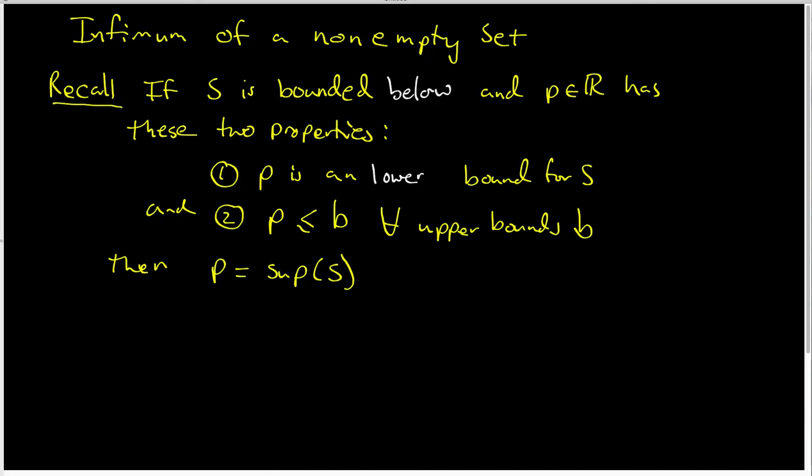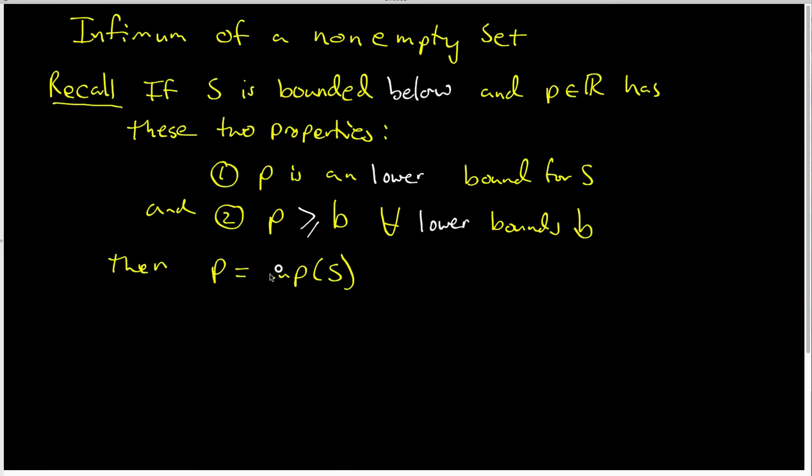And I'm going to be comparing P to all other lower bounds. So this upper gets changed to the word lower. But if I'm comparing P to all lower bounds, then this inequality also has to swap. In other words, the infimum needs to be bigger than or equal to all lower bounds.